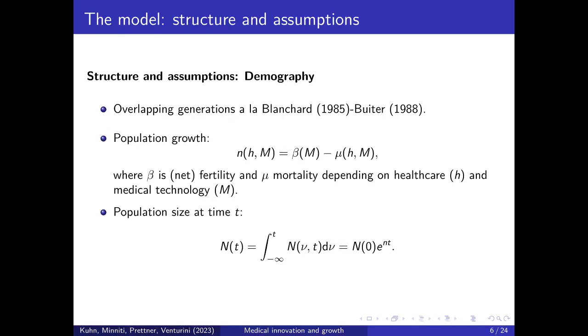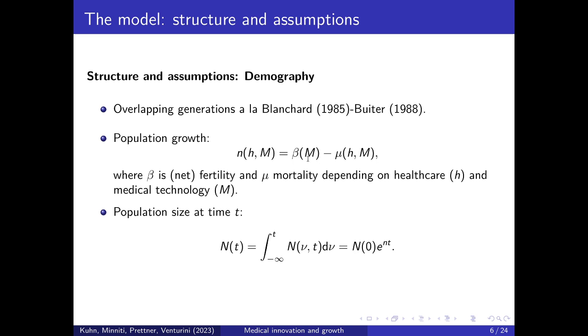Now, as I said, the demographic structure follows Blanchard and Buiter, where we have population growth as the difference between the fertility rate and the mortality rate. And the mortality rate depends on healthcare utilization, lowercase h, and medical progress, uppercase M. So medical progress, as we will see later on, and healthcare both reduce the mortality rate. The fertility rate is interpreted as the net fertility rate, so net of child mortality.